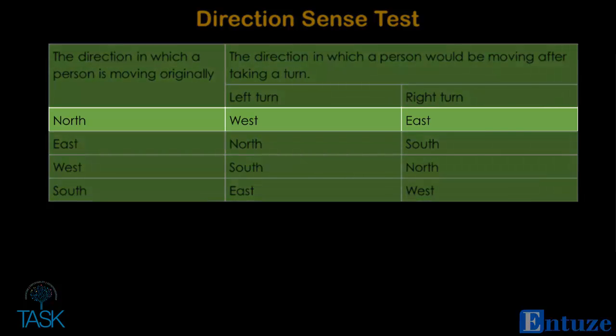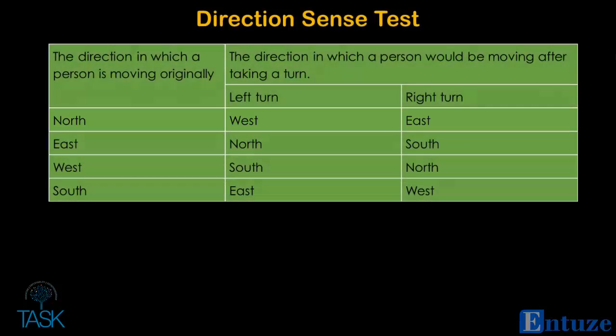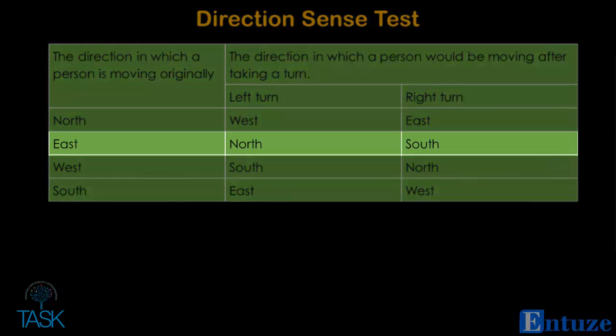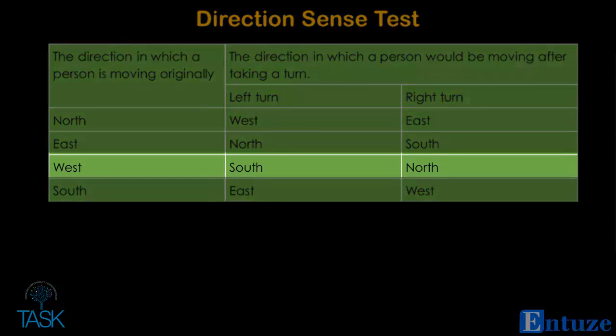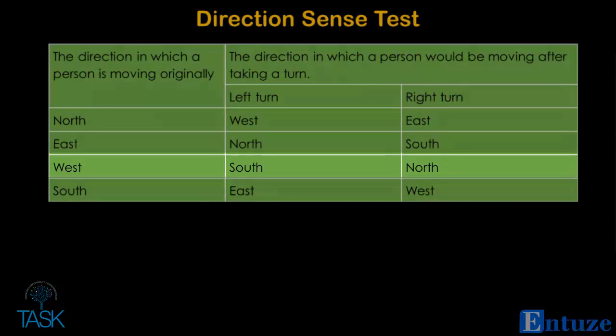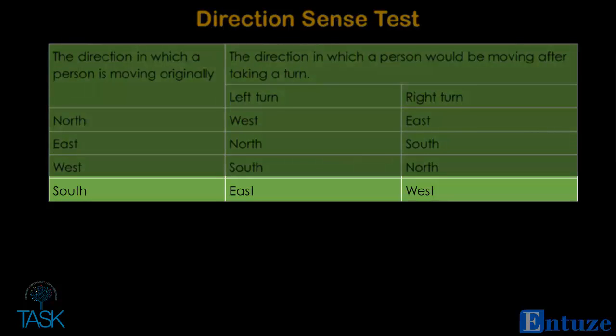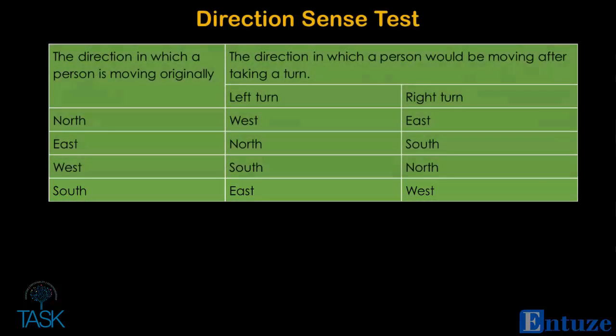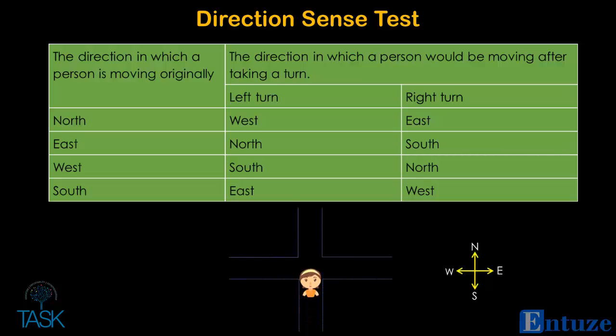If a person was originally moving north, if she takes a left turn, she will be moving towards west, and in case she takes a right turn, she'll be moving towards east.